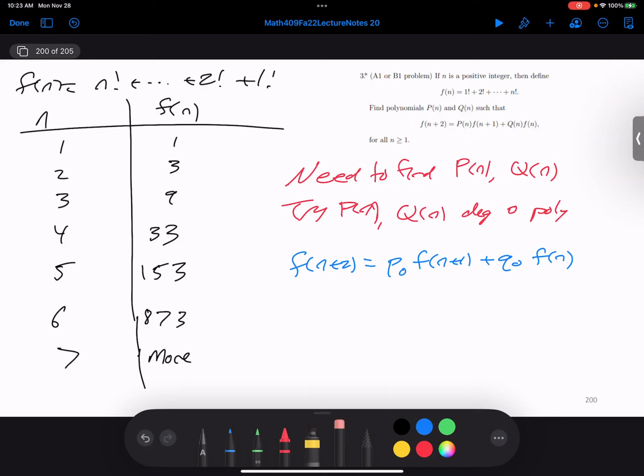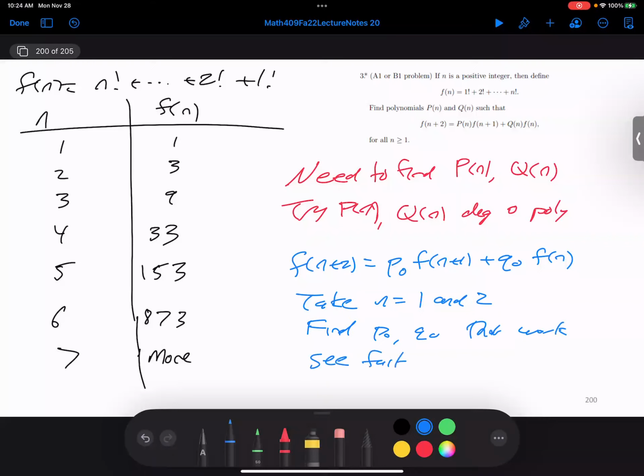So take n equals 1 and 2, find P0, Q0 that work, and see that it fails for, say, n equals 3. I'm assuming that if you then tried n equals 3, it would not work. What's the next simplest thing you could try?